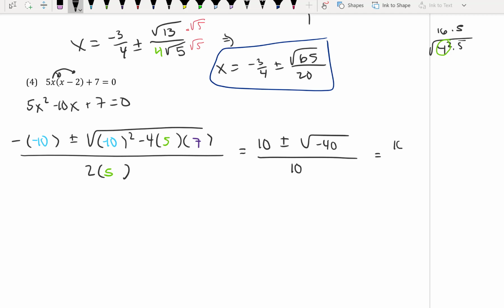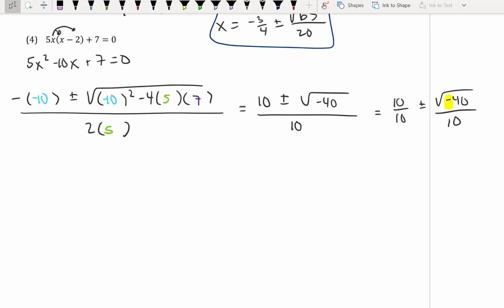When I split this up, I have 10 divided by 10 plus or minus the square root of negative 40 over 10. So don't forget that whenever you have a negative inside the square root, that's going to turn into an imaginary number. So x is equal to, well, 10 divided by 10 is just 1. So I have i square root 40 divided by 10.